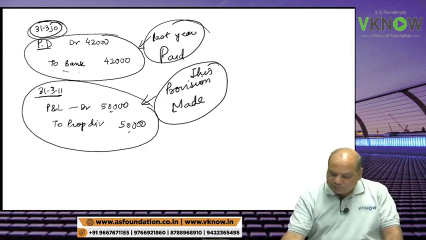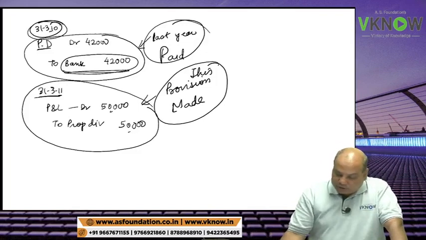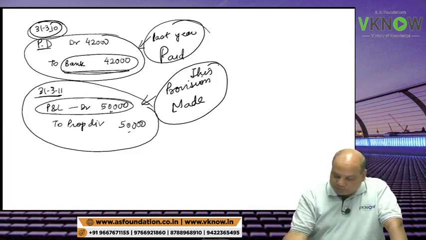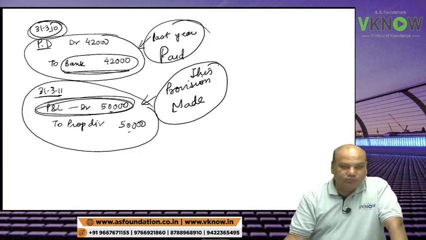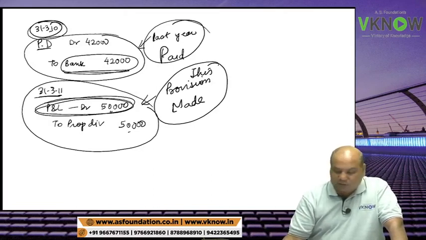So last year paid will go to financing activity, and this year provision made add back in the P&L account, because you have debited P&L account for a non-cash item. Actual payment we are showing separately in financing activity.